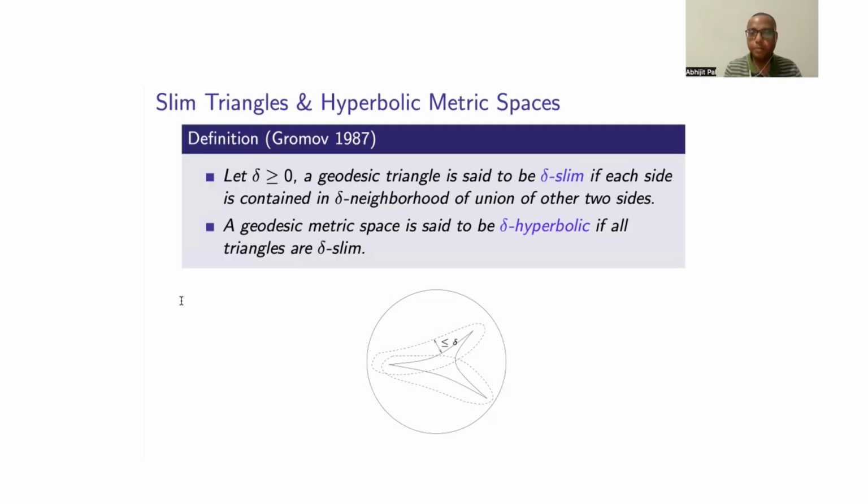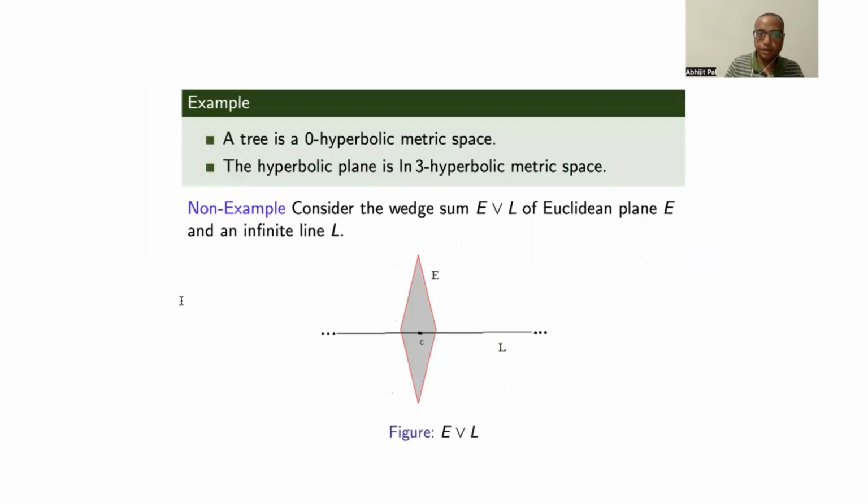Now, what do we mean by a delta hyperbolic metric space? A geodesic metric space is said to be delta hyperbolic if all triangles are delta slim. We have already seen that the hyperbolic plane is a log 3 hyperbolic metric space, so all the triangles in the hyperbolic plane are log 3 slim.